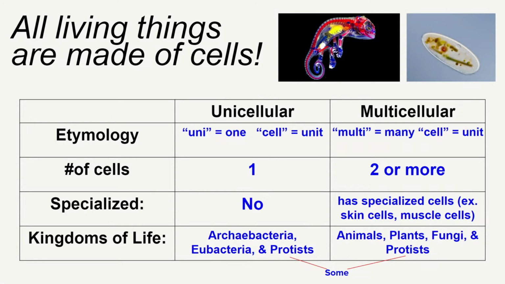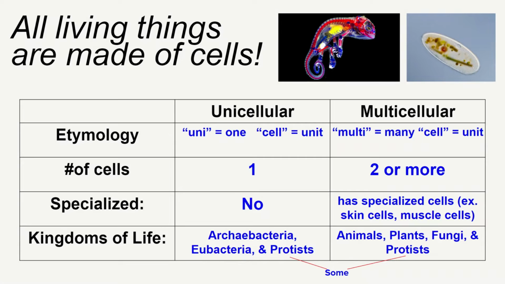Now let's jump over to multicellular. Multi meaning many, cell meaning unit. This means there are 2 or even as many as several trillion, like in humans. Because there are so many, these cells do have specializations. For example, we have skin cells and muscle cells and blood cells and eye cells and hair cells.